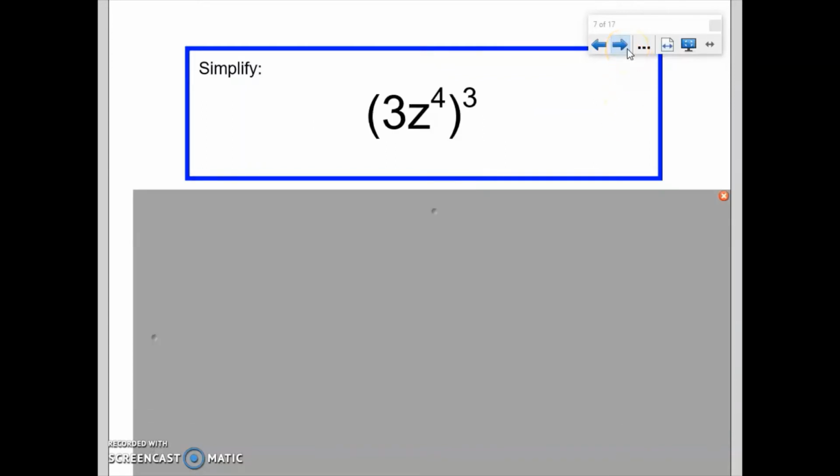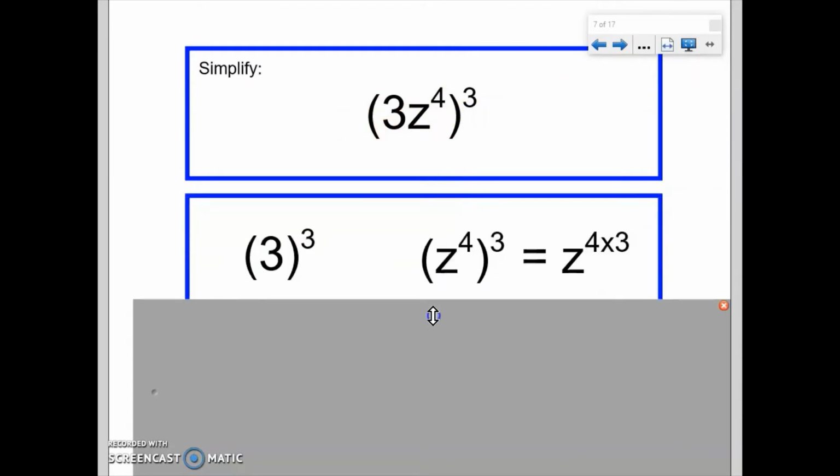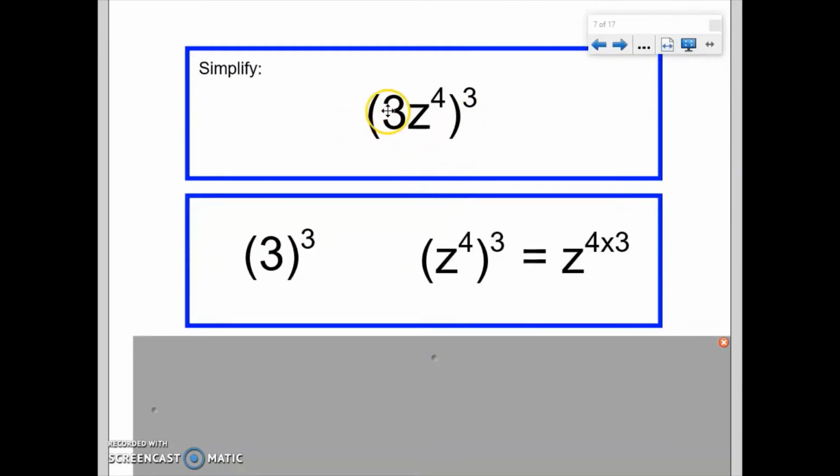Could you pause the video and have a quick go at this question? Okay, welcome back. So the two calculations you should be doing this time look like this. 3 cubed, and then z to the power of 4 all to the power of 3, which is going to lead me to multiplying the index numbers 4 times 3.